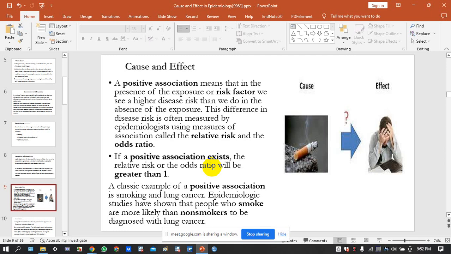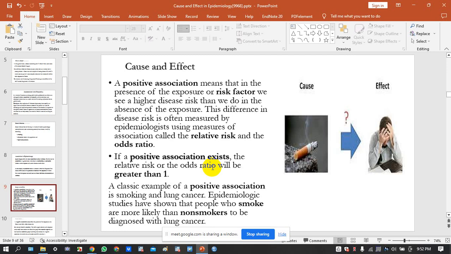I asked a question. I said odds ratio and relative risk. What study design do we use odds ratio for? Yes.